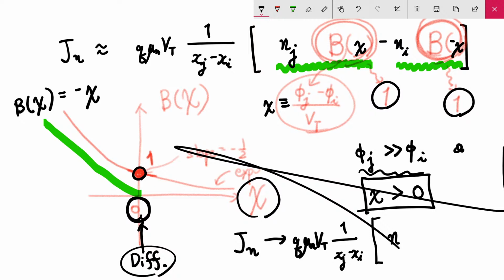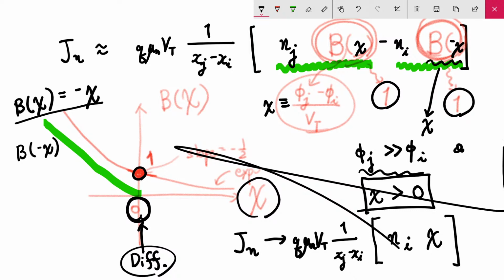So here we have n i, and just chi will occur. Why? Because the Bernoulli function of minus chi will approach just chi, since the Bernoulli function of chi will approach minus chi. If we insert this, obviously we will have a positive sign.